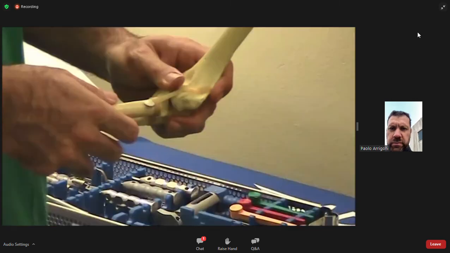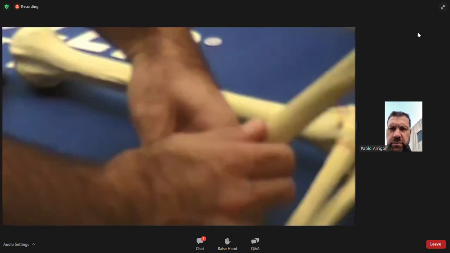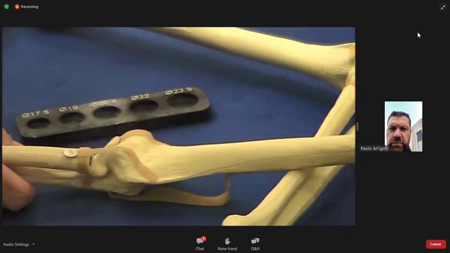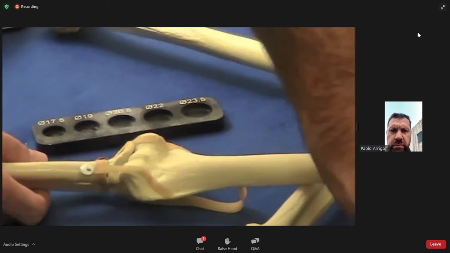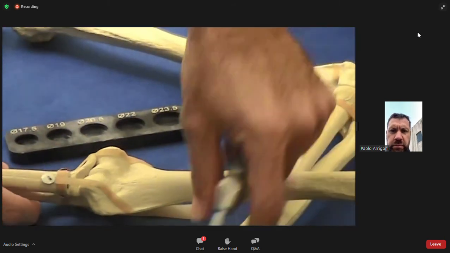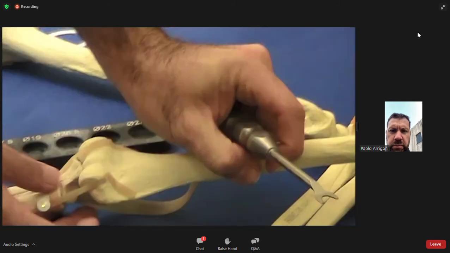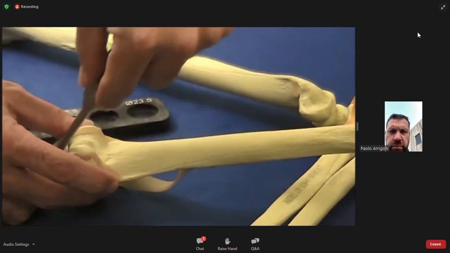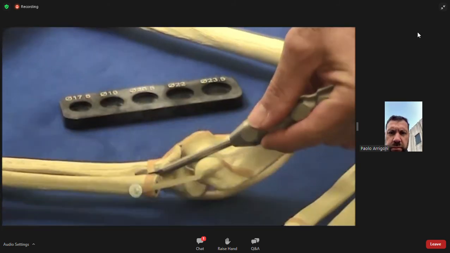To give you an example, I'm going to be in a position like this. I'm going to insert, pretending that this is a Hohmann retractor, my retractor in this position, 30 degrees, and the radius is going to be like there.